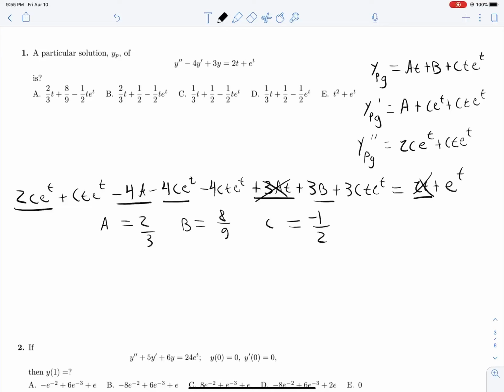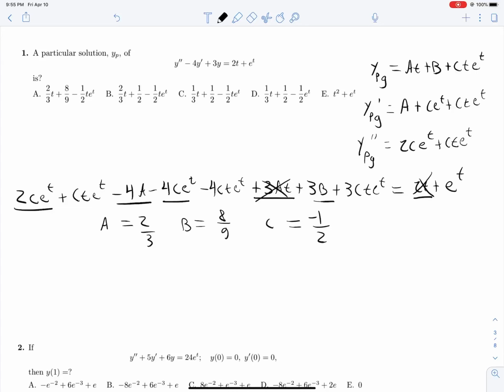And nicely, and this is supposed to happen if we've done things correctly, we have 3ct e to the t plus ct e to the t plus minus 4ct e to the t. All of those terms go to 0, which is exactly what we want because there is no constant term multiplied by t e to the t over there.